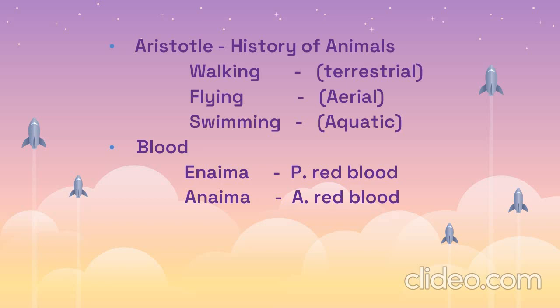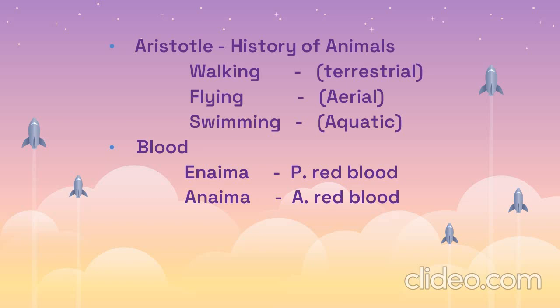First of all, he has classified organisms into 3. The terrestrial organisms he has classified as walking, and the aerial organisms as flying organisms, and aquatic organisms he has classified as swimming organisms. So this classification he has given as per the locomotion.